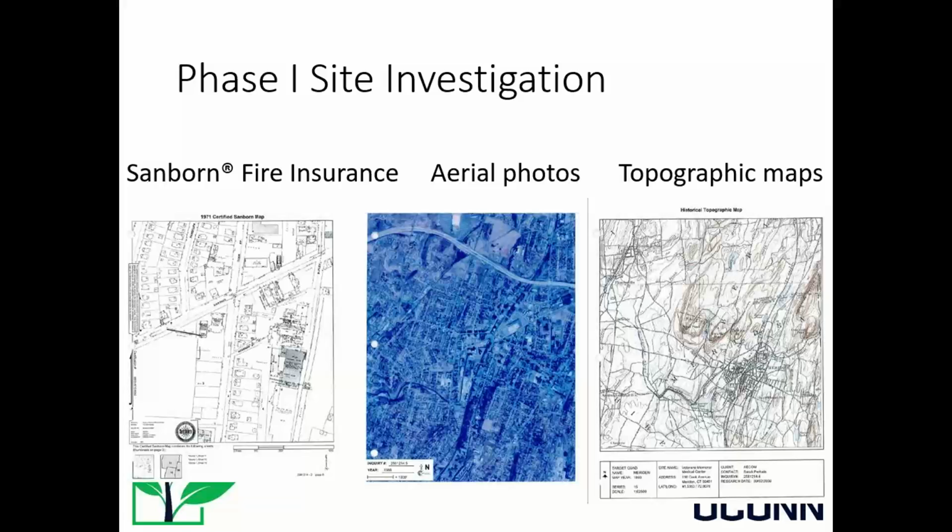They date back to the 1800s, but we still use them for environmental site assessments because they show the change in the property through the years. It gives you a timeline of what has happened at the site since the 1800s. We also have aerial photos and topographic maps, and the report will have those maps in the appendix.